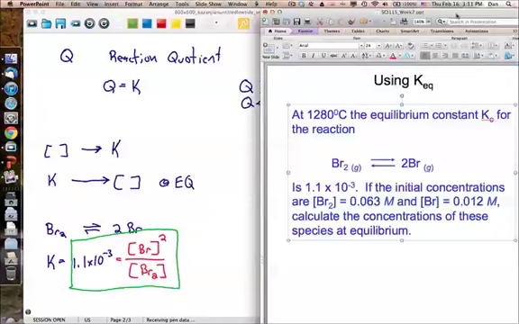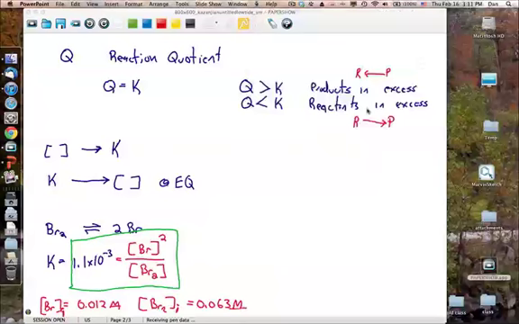And they tell us that at the start, the concentration of Br initial is equal to 0.12 molar, and the concentration of the Br2 initial is equal to 0.063 molar.